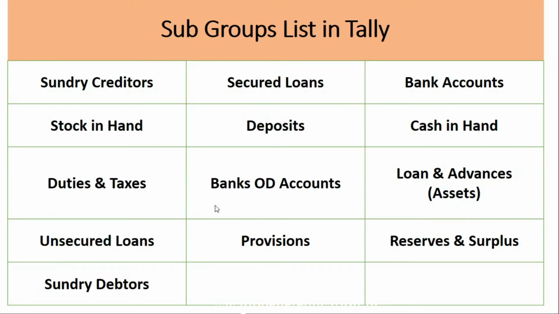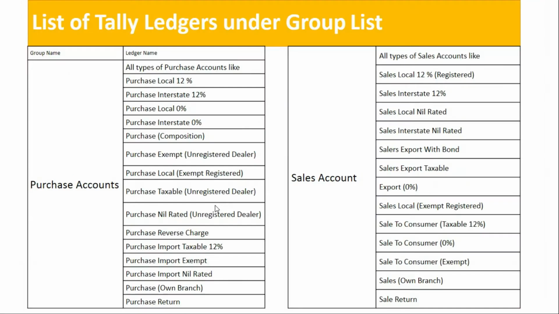The subgroups are sundry creditors, debtors, duties and taxes, deposits, stock in hand, secured loans. Then we have bank accounts, cash in hand, loans and advances. Then we have reserves and surplus.